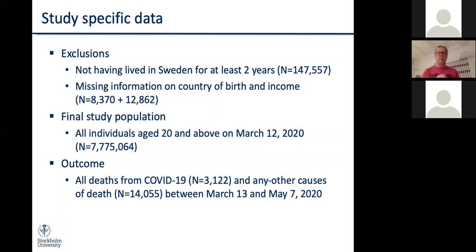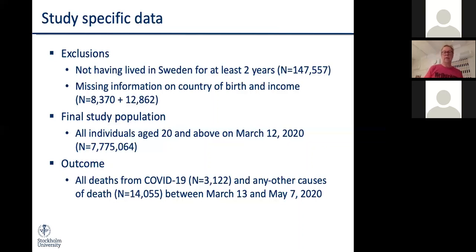Otherwise, we have all individuals age 20 and above on March 12, which is the date of the first recorded death of corona in Sweden. So almost 8 million people, and then we follow them for almost 2 months.